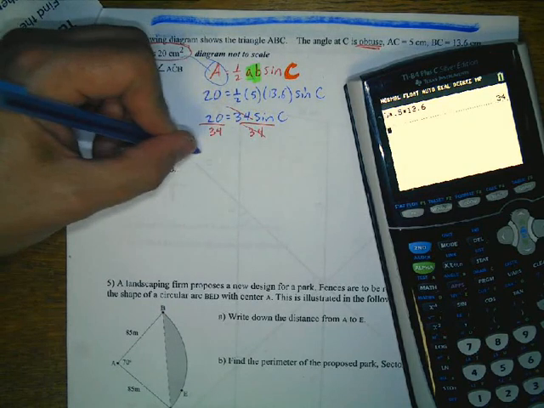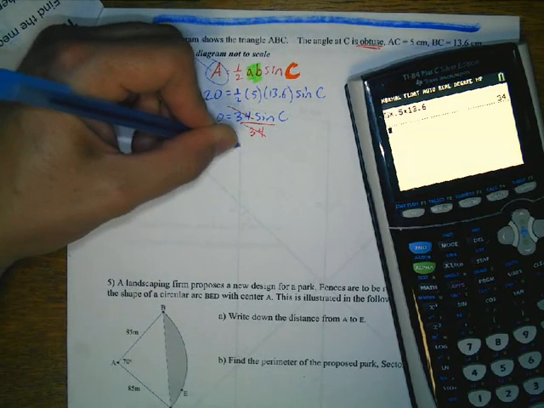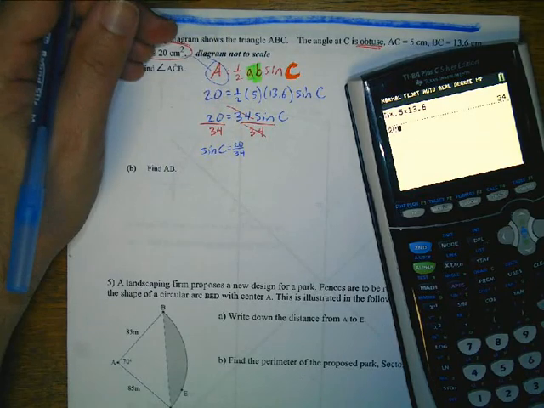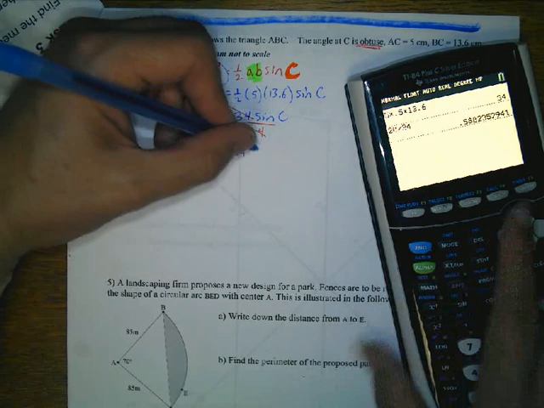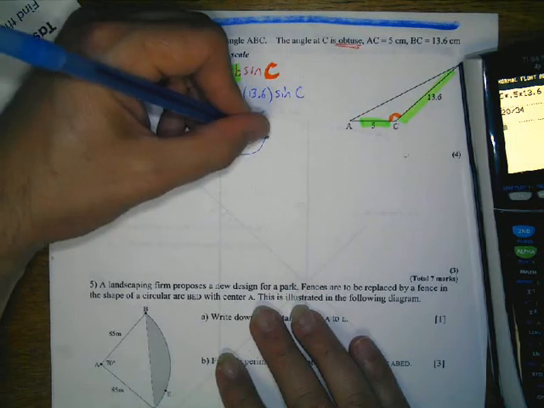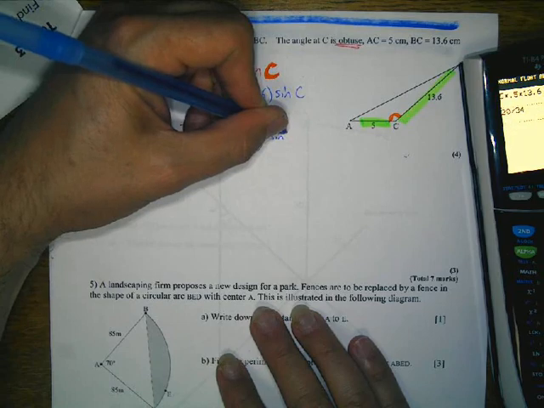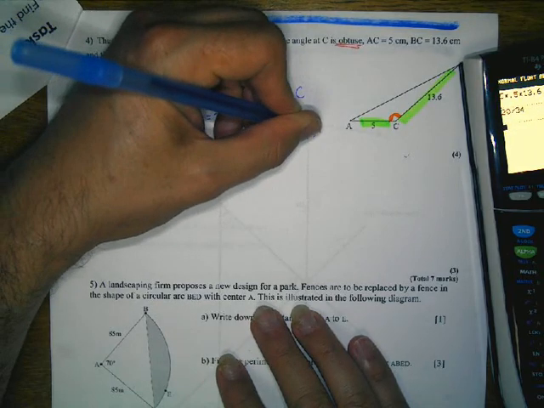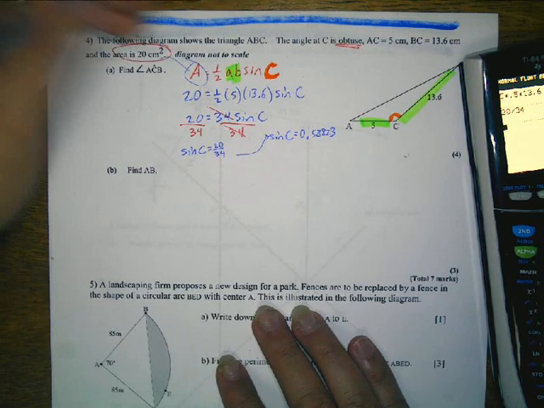So now I have sine C equals 20 over 34. So let's do that. 20 divided by 34, and I'm going to get this decimal. Let's just write over here, sine C equals 0.5883, right?